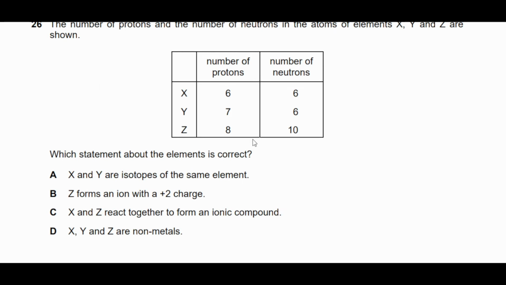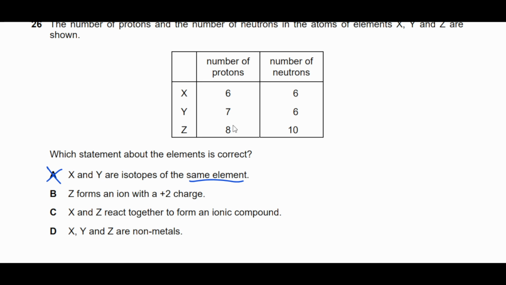The number of protons and number of neutrons in atoms of elements X, Y, and Z are shown. Which statement about the elements is correct? Okay, so X and Y are isotopes of the same element. This is wrong because in order to be the same element, they must have the same proton number. But X has 6, Y has 7, so therefore A is not correct. Z forms an ion with a +2 charge.